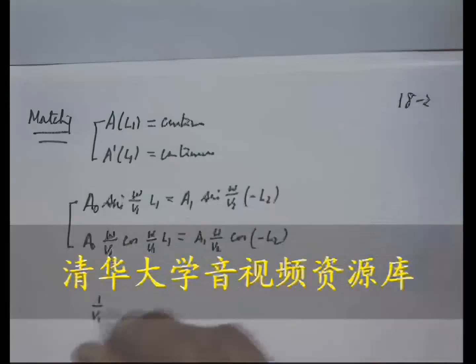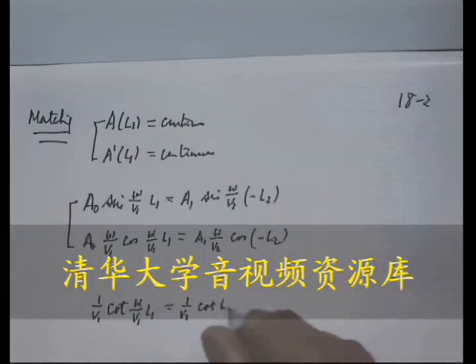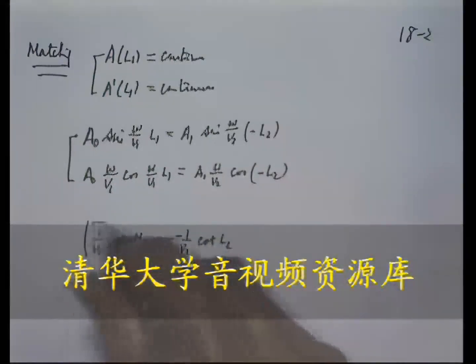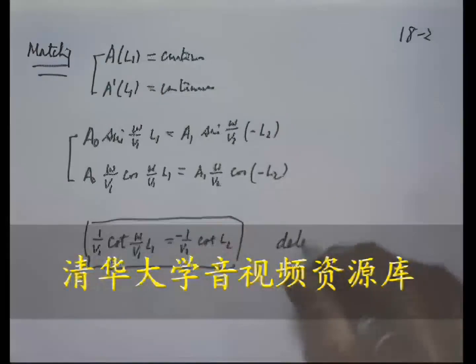So we get V1 cotangent of omega over V1 L1 is equal to 1 over V2 of cotangent of L2 with a minus sign. This equation determines omega.